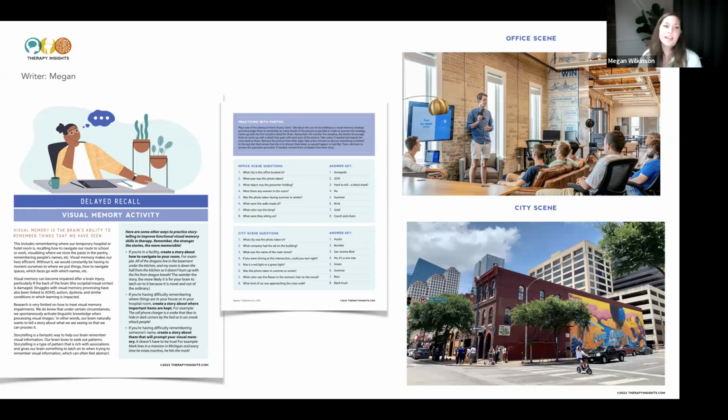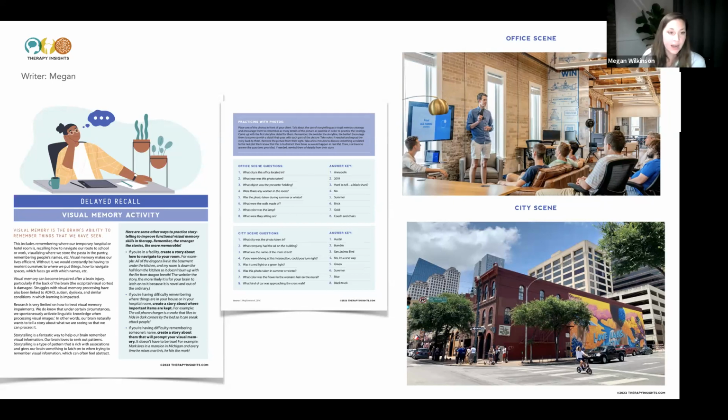Yeah, so this is a material to be used with clients when you're working on visual memory, especially delayed recall. On the first page, it's really talking about what is visual memory. Let's talk about it, and what does that mean functionally for the client when they have difficulty with visual memory.